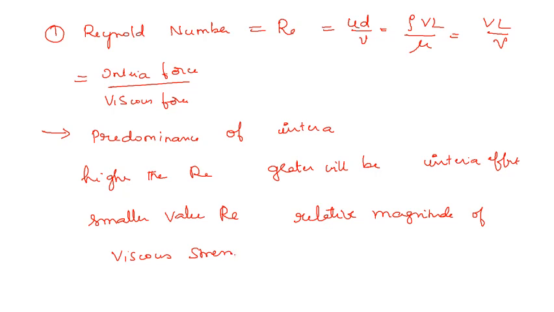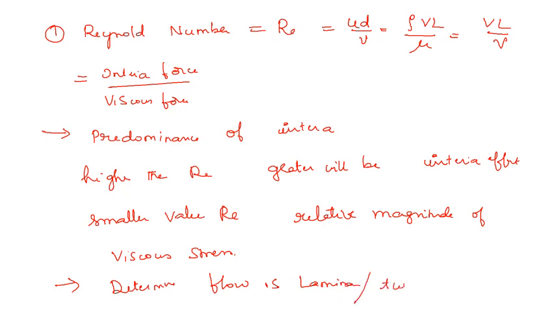So the Reynolds number is taken as an important criterion of kinematic and dynamic similarities in forced convection heat transfer. One more important thing: it determines whether the flow is laminar or turbulent.